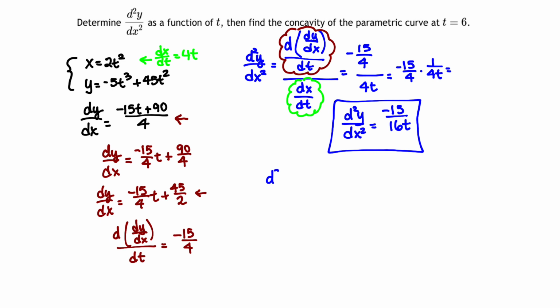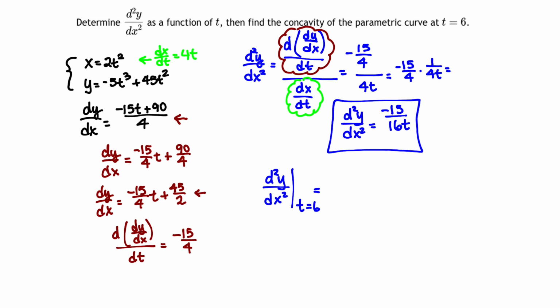Now we want to evaluate that second derivative when t is 6. So that means we want to take 6 and plug it into our second derivative for our parametric curve. When we plug it in, that gives us negative 15 over 16 times 6.